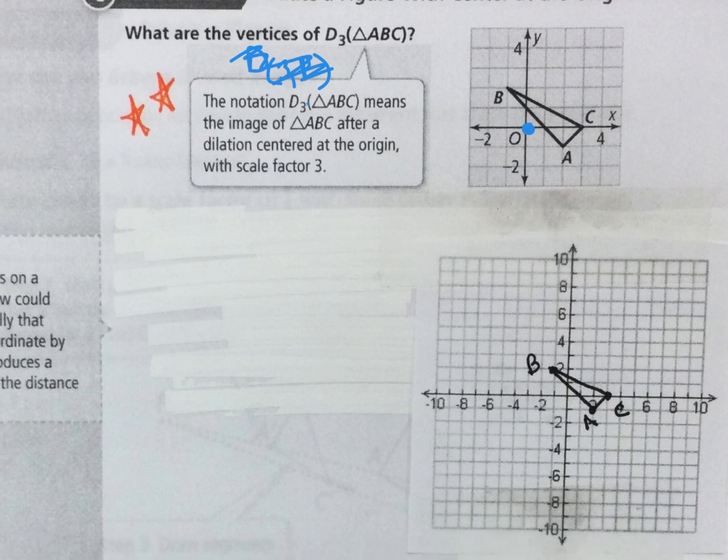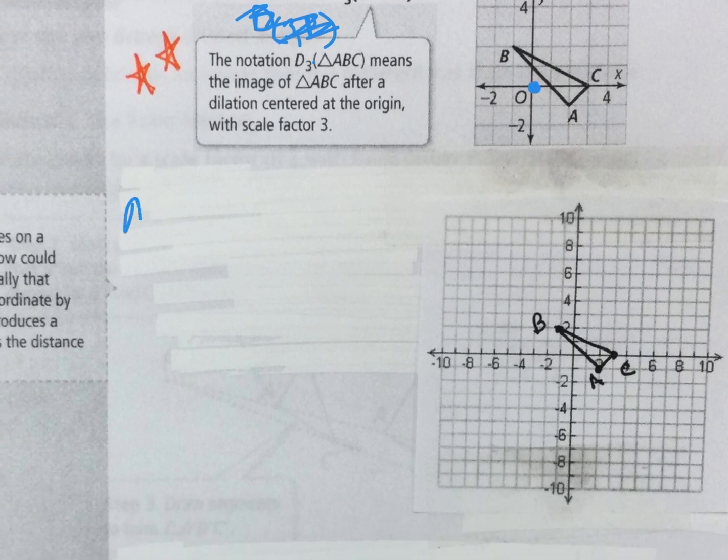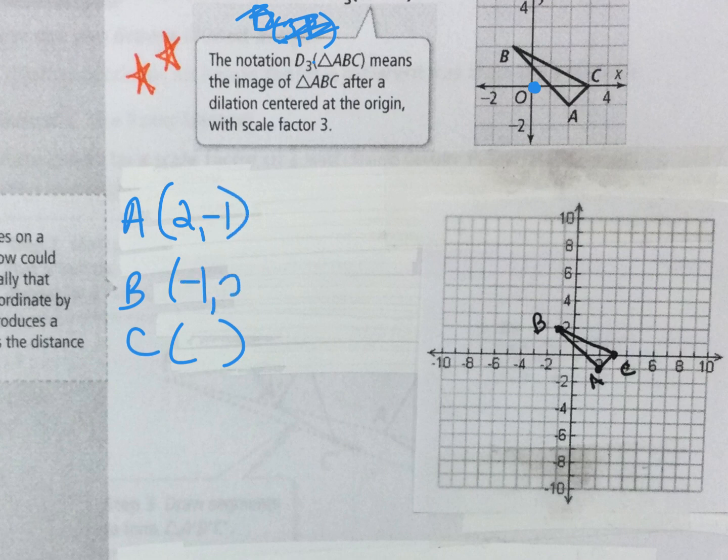So the easiest way to do these is to write down your points. A is at 2, -1. B is at -1, 2, and C is at 3, 0. And then we're going to multiply both coordinates by 3.